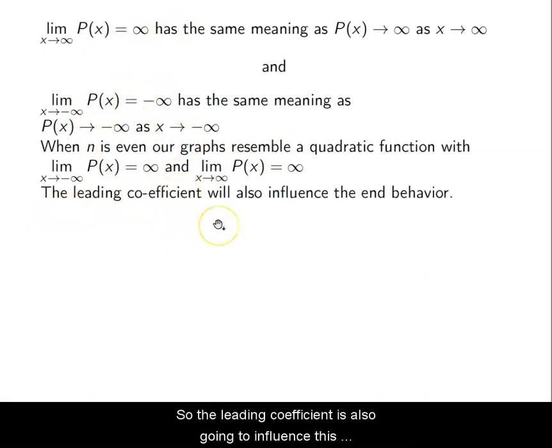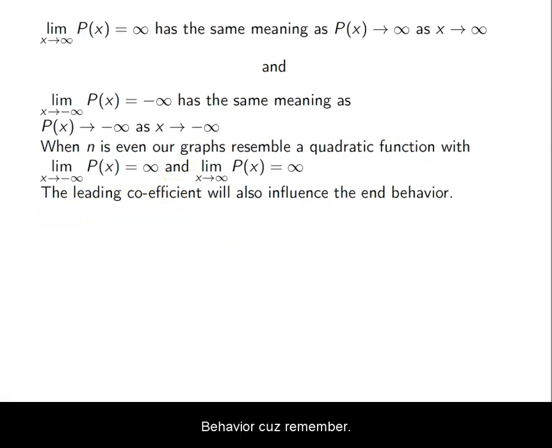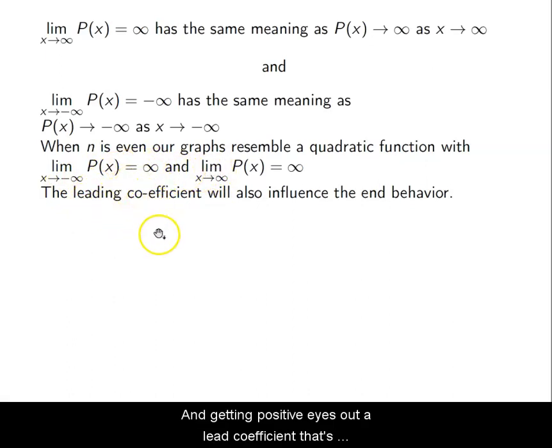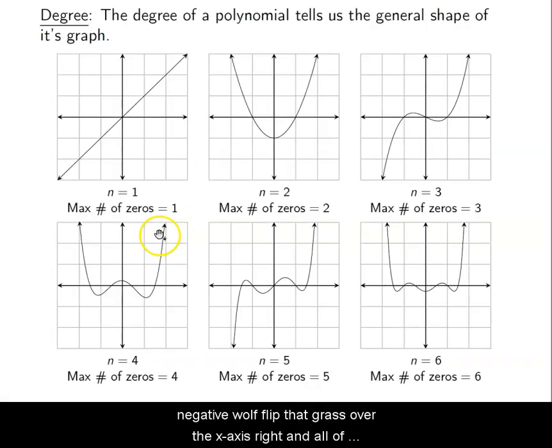So the leading coefficient is also going to influence this behavior, because remember, if the leading term is positive or negative, it flips our graph over the x-axis. So it changes what these end behaviors are. For instance, for an even degree polynomial, if I'm going really large and getting really large values out, or going really negative and getting positive values out, a negative lead coefficient will flip that graph over the x-axis.